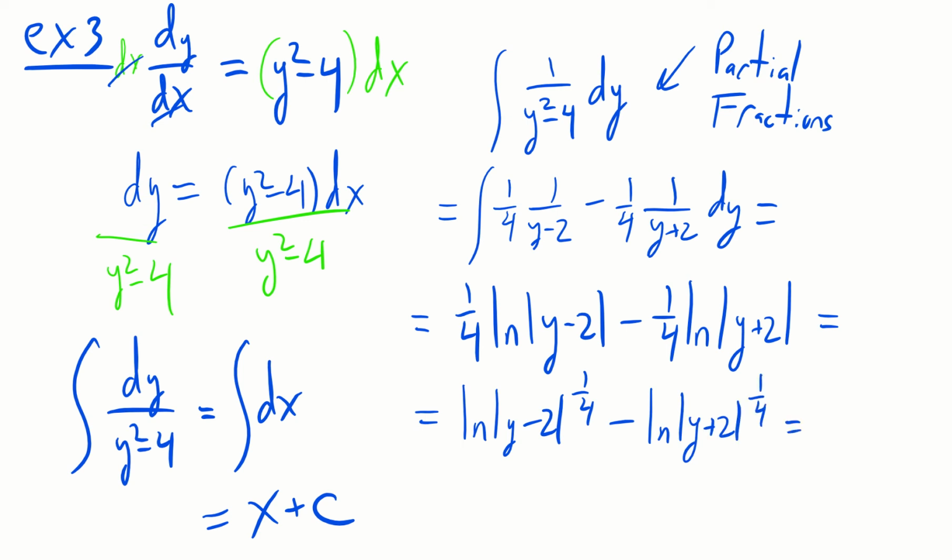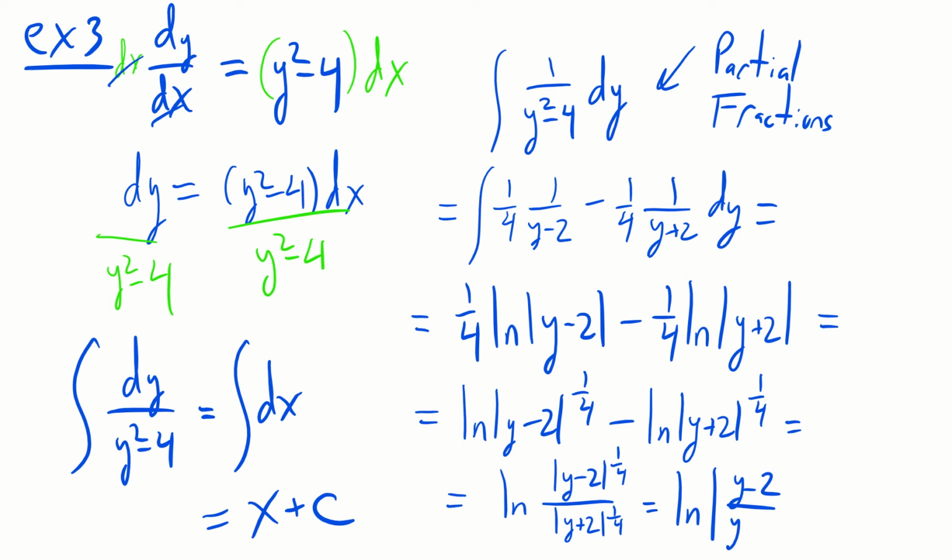We have the subtraction of two logs, that's the log of the quotient. This is the ln of the absolute value of y minus 2 to the 1/4 divided by y plus 2 to the 1/4. And because they're both to the 1/4 power, we can write it as the entire fraction to the 1/4 power.